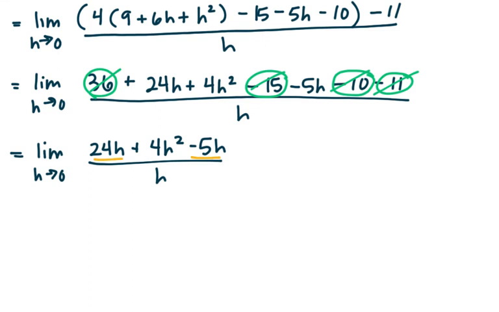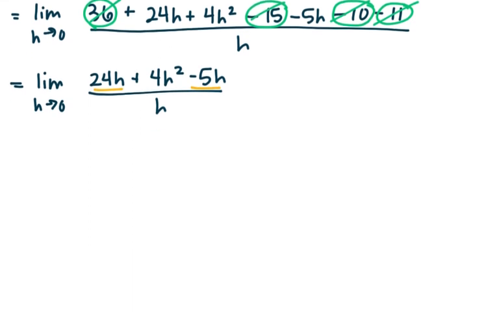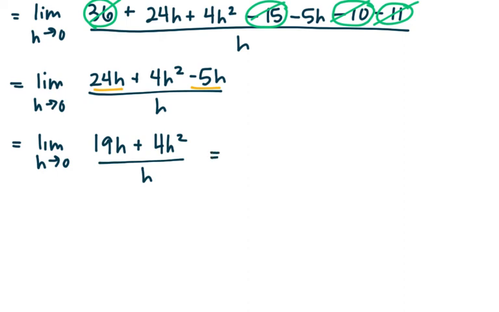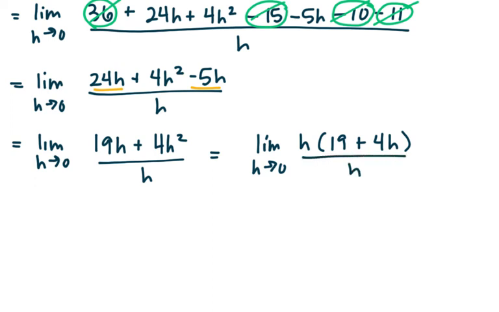Again, I see some like terms that I can sum together. So the limit as h goes to 0, 24, take away 5, that is 19h plus 4h squared over h. Factoring an h out in the numerator, we have the limit as h approaches 0 of h times 19 plus 4h, all divided by h.